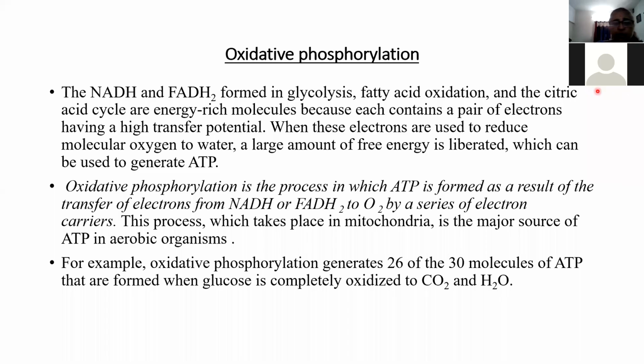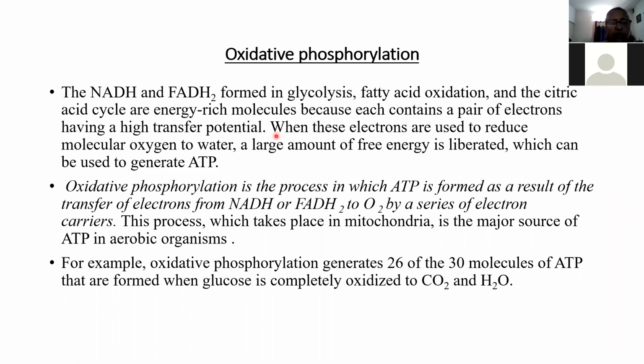So the other type of the preparation or the synthesis of ATP is called oxidative phosphorylation. What is this? We have seen that NADH and FADH2 are formed in glycolysis, fatty acid metabolism and the Krebs cycle.